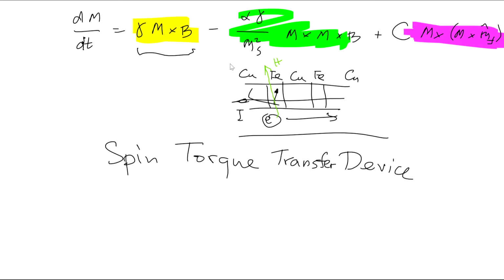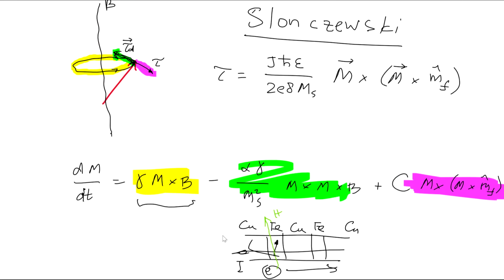Now, if you look at these torques, then damping in materials, what we can achieve is the following idea. There is a possibility that when we drive current, the torque that we apply would compensate the torque of damping, and we would be able to achieve steadily precessing magnetic moments in this material.